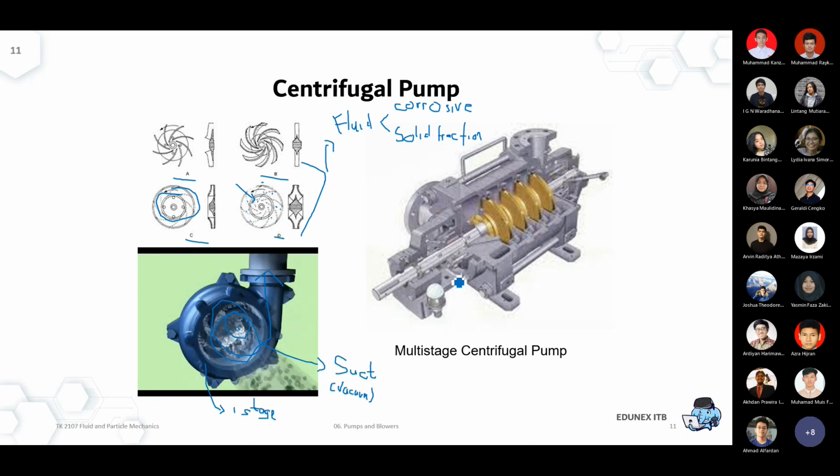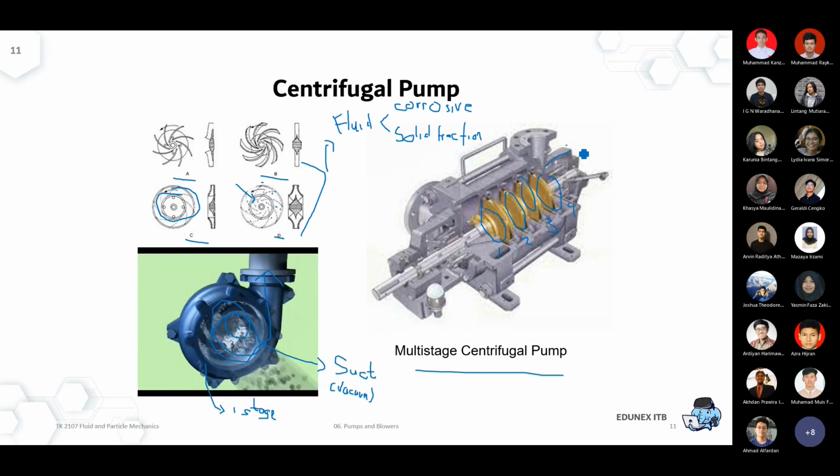Okay, so when we want to achieve a very high pressure differential, we can use a multi-stage centrifugal pump. That's the first stage, then the second stage, then the third stage, and then the fourth stage.